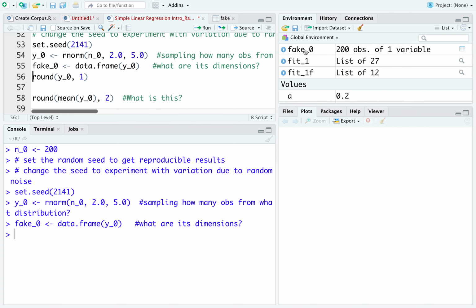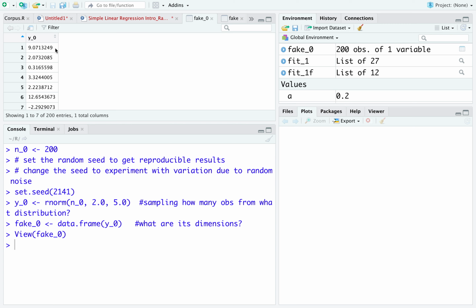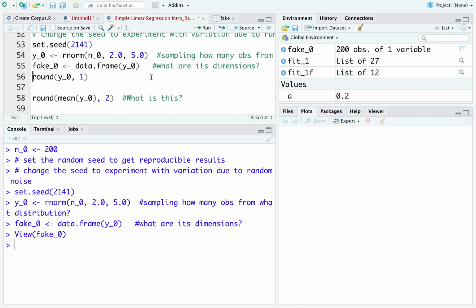Notice that this matrix is just a 200 by 1, right? It's just a fancy vector, but internally it's going to be recognized as this special object, a data frame, which certain kinds of functions will expect.